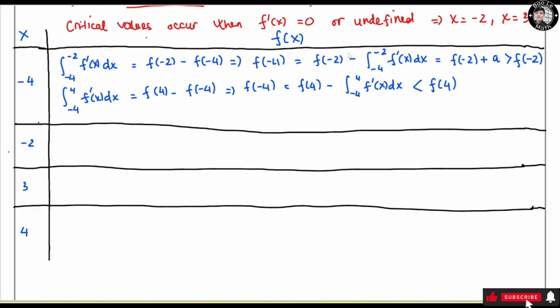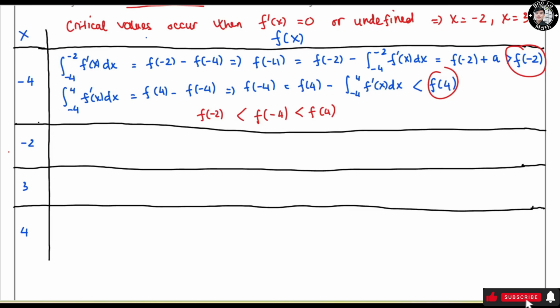Now from these two, we can conclude that f of -4 is always greater than f of -2 and less than f of 4, right? We need to calculate f of -2.